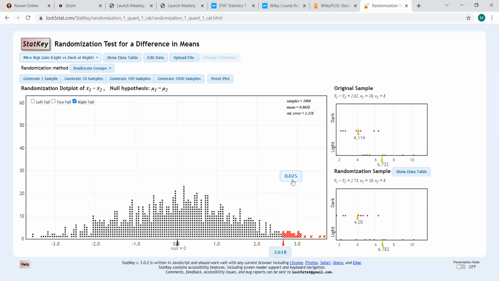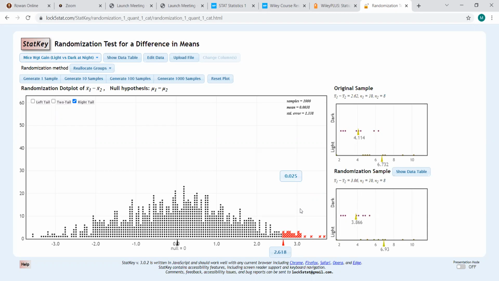Any questions about what a p-value is? The p-value is the probability or proportion of possible samples that would produce a result like the sample that we have or something more extreme than that.